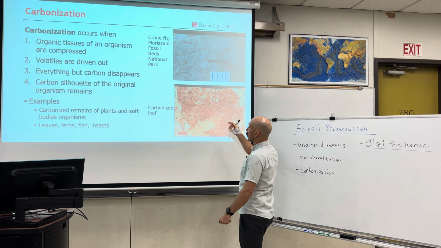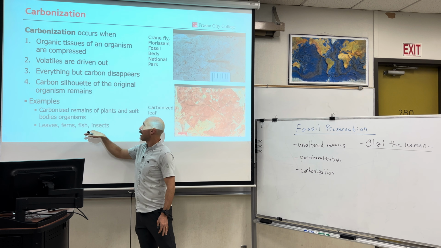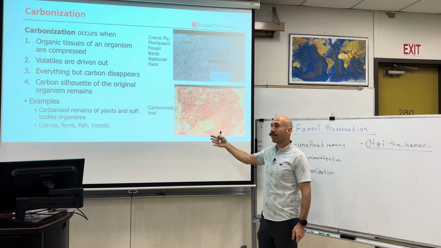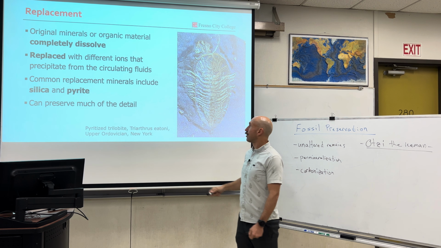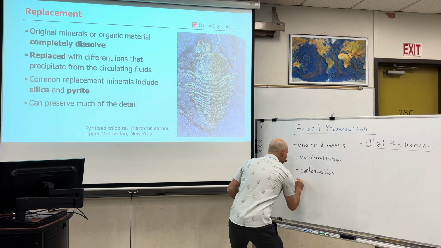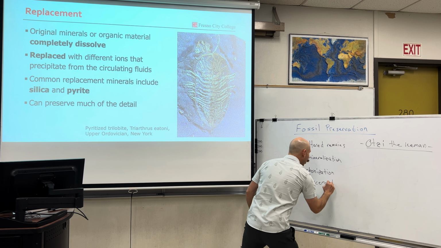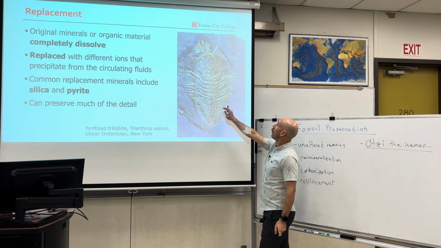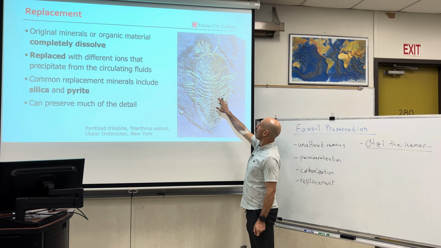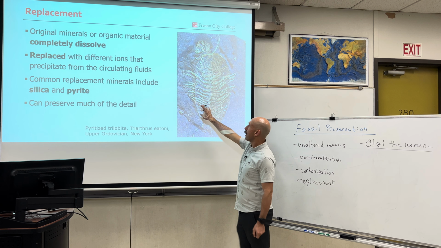But it's not exclusive to leaves. Fish and insects are all able to leave their carbonized imprints behind. So that's carbonization. Replacement. This is when parts of an organism, original minerals or organic material, are replaced with different ions in the water.